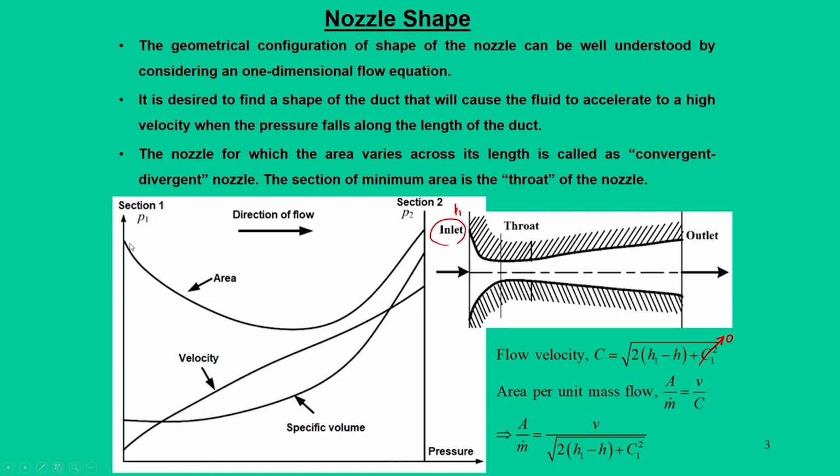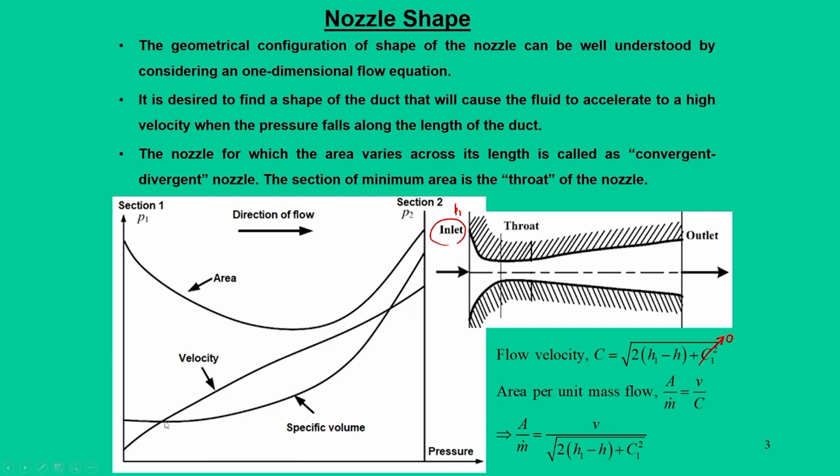We will see that if your direction of flow is from left to right, then in this left to right direction your area changes, your velocity changes, and also specific volume changes. One interesting thing is that since the flow is going to expand, of course velocity will be changing to higher values.